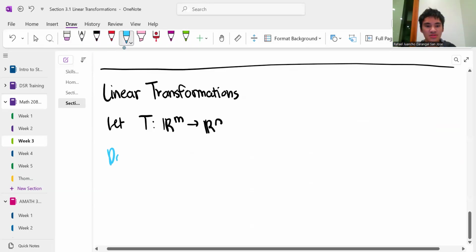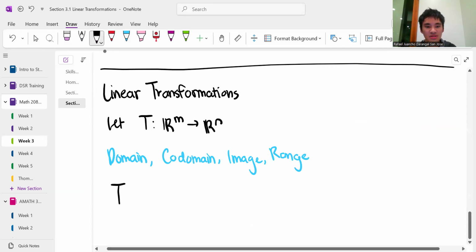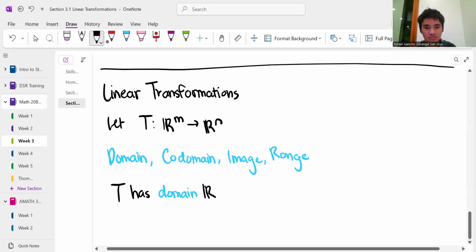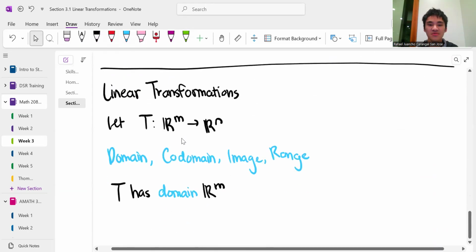Okay, let's go into some jargon here. We have domain, codomain, image, and range. What do each of these mean? T has, here's the domain. The domain is the first thing, Rm. So in this case, the domain of our example here is R2.